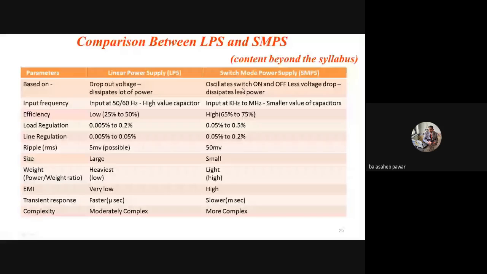Then input frequency. In the case of a linear power supply, as we are not doing any switching action, the input signal frequency is just kept as it is, that is 50 to 60 hertz. We are not changing it.